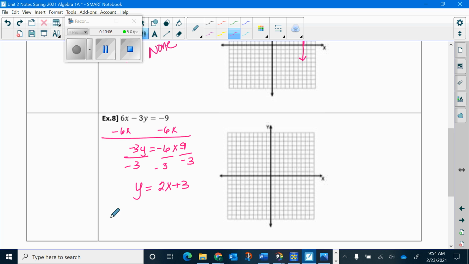So my slope is 2. My y-intercept is 3. So up 3, 1, 2, 3, put a dot. And then I'm going to go up 2 over 1. So it's 2 over 1. And this could be 0, 3, if you'd like that. So this would be up 2, right 1. And make a pretty line.